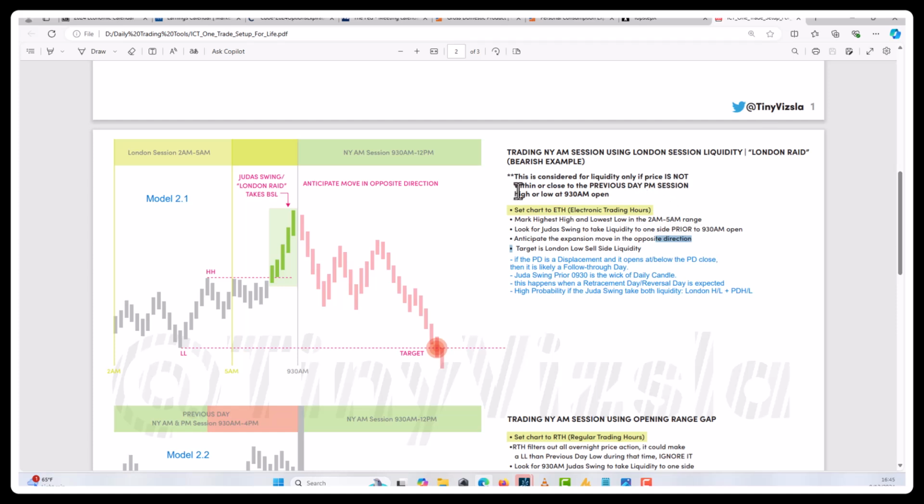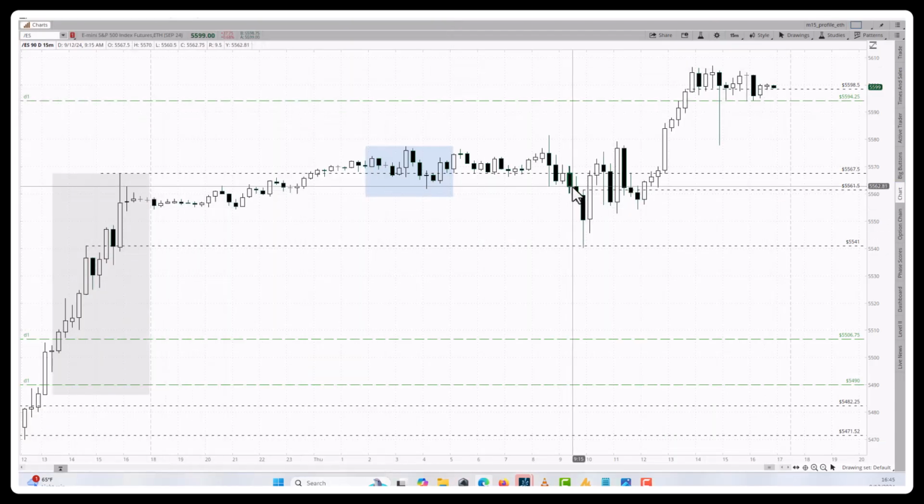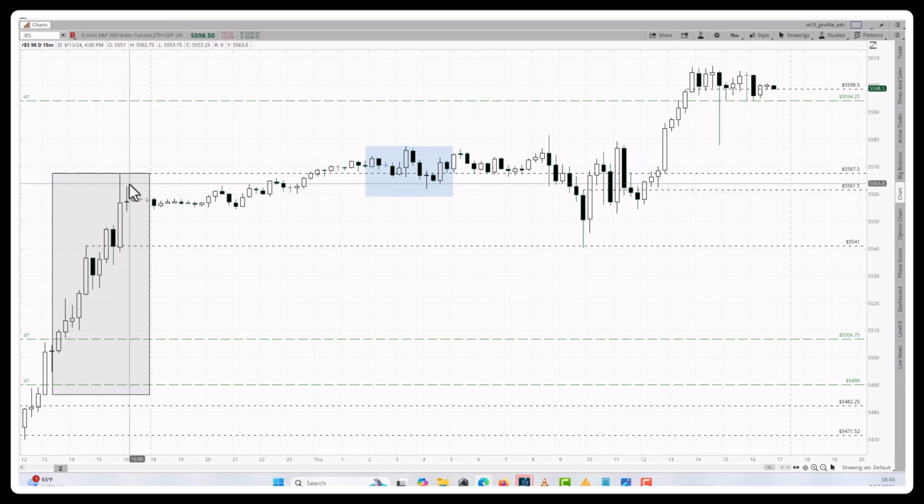If the price is not within or close to... yeah, this one is the most confusing one right here. The condition: if the price is not within or close to the pivot day at 9:30. 9:30 right here is in the PM range, the previous day PM range.